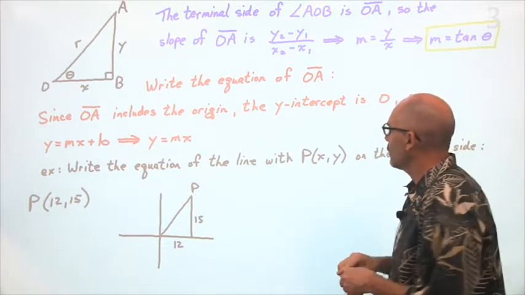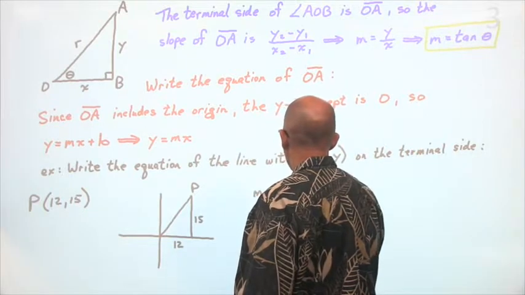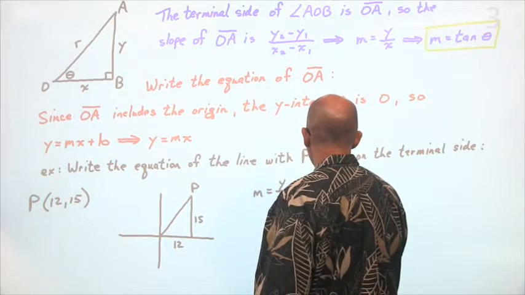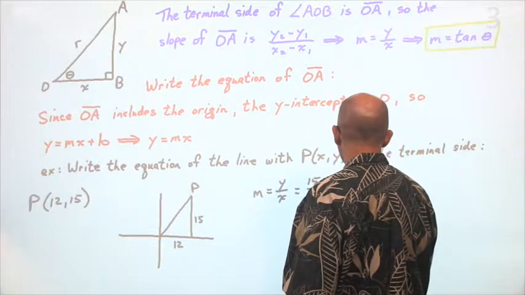So I know the slope is going to equal y over x, which equals 15 over 12, which equals 5 over 4.